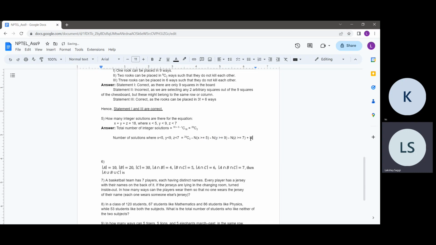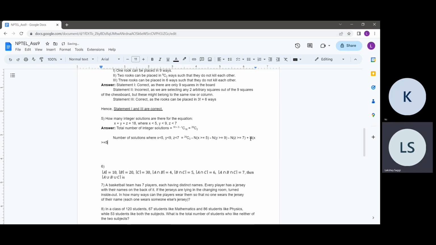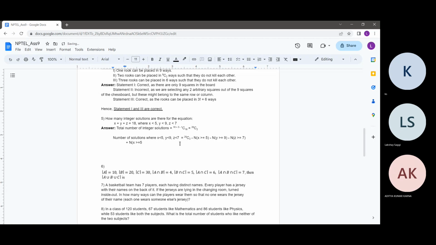So I'll add n of x is greater than or equal to 5, comma, y is greater than or equal to 9.